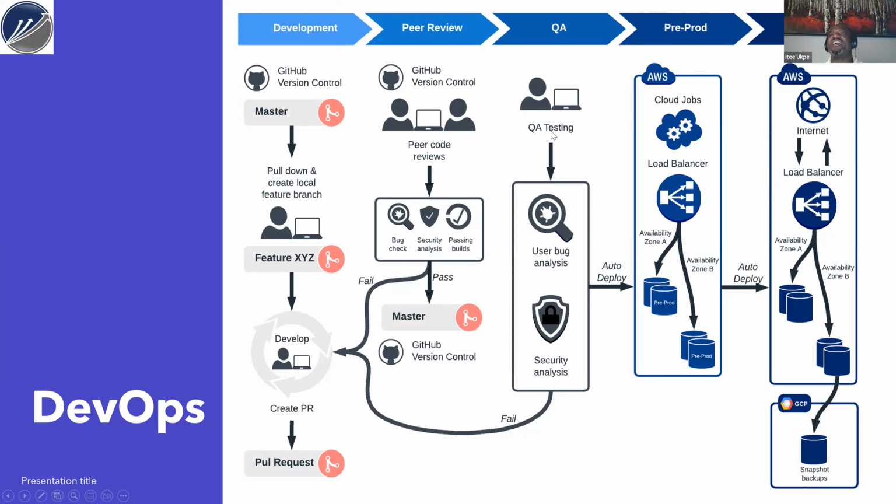Okay, so then you have the QA. QA is all about testing the application or the build. In this case, what we are testing is not yet an application, it's called a build. You have unit test cases written by developers to test if the code that is written is doing what it's supposed to do.